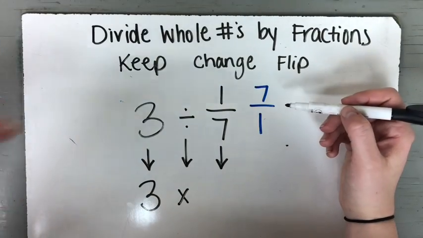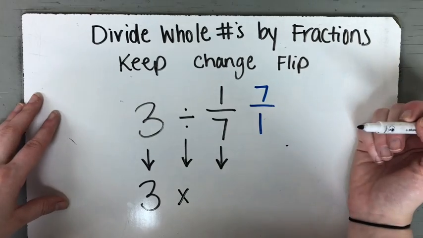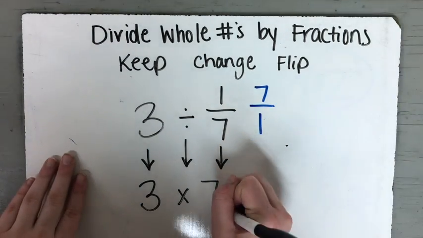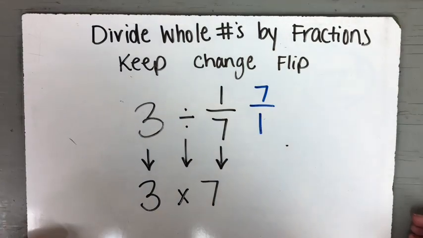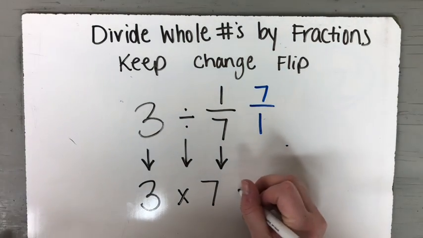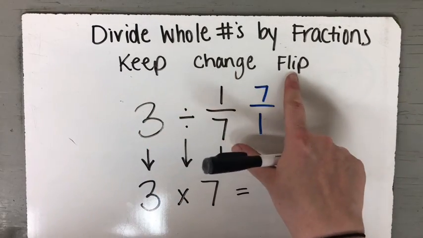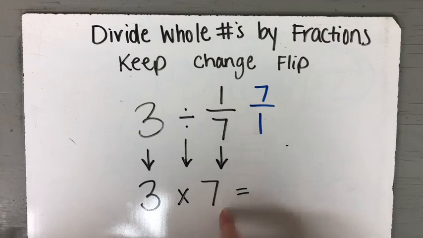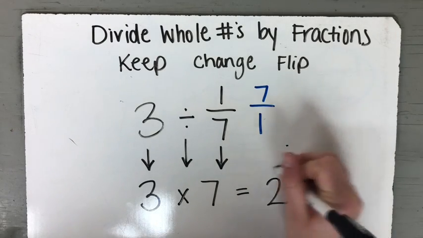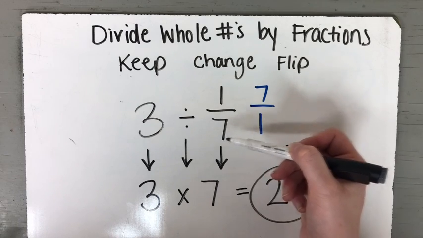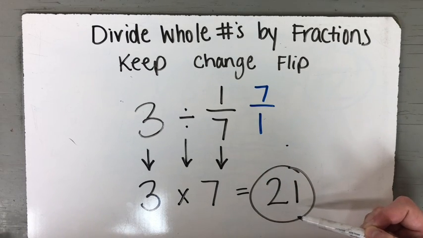And as you know from last unit, 7/1 is the same thing as having the whole number 7. So our new problem, after we keep, change, and flip, we get 3 times 7, which is 21. So 3 divided by 1/7 equals 21.